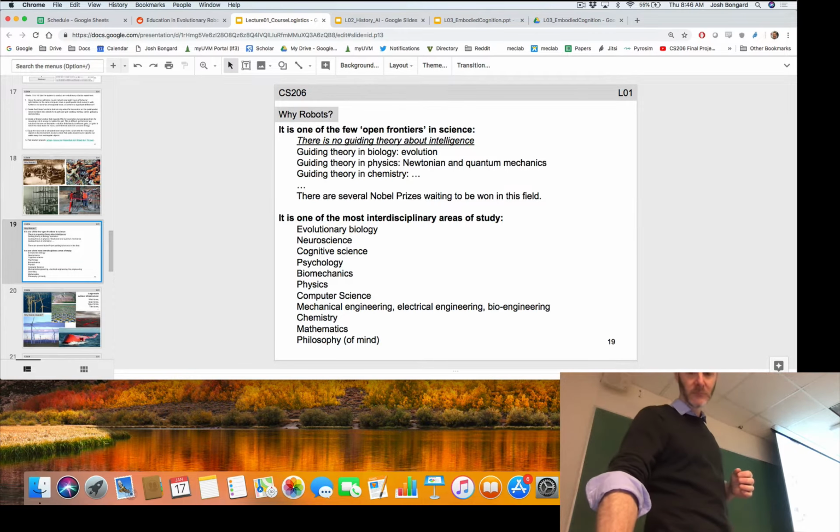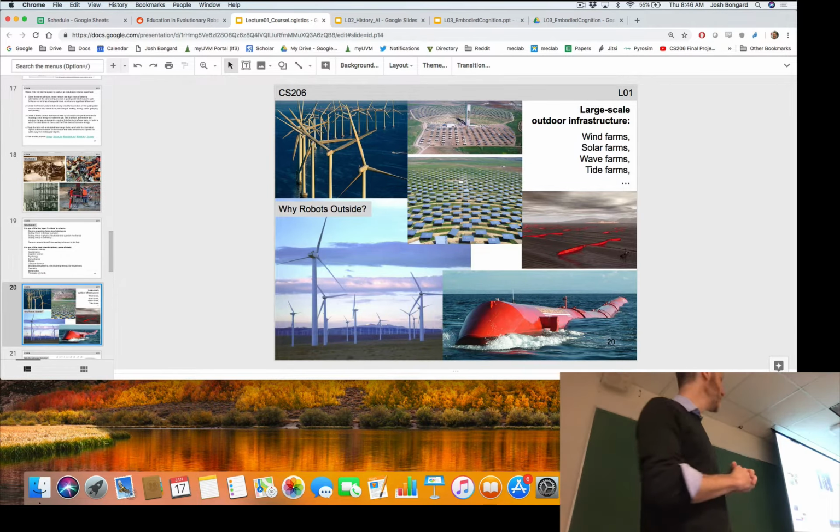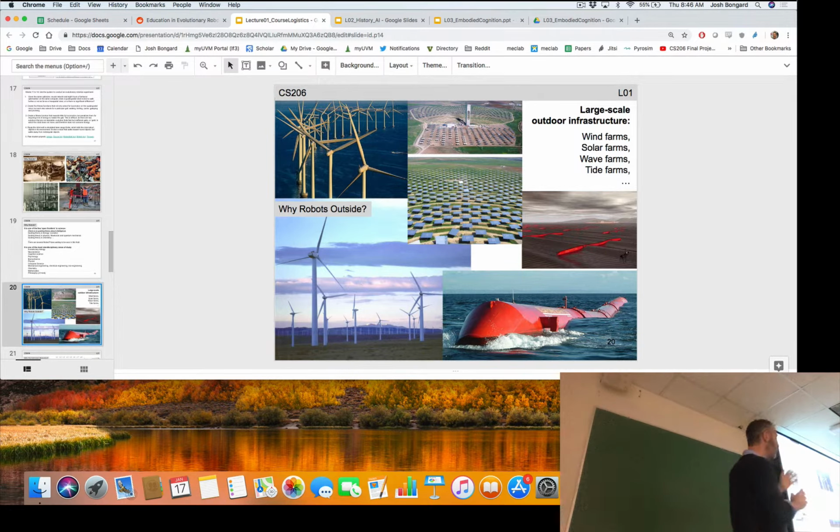Okay. So there's some intellectual reasons why we might want to study and try and create robots. Back to the engineering for a moment. There are some very real practical reasons why we might want to create robots. Obviously, as a global society, we're facing some serious energy challenges. There's lots of new solutions that are out there. A lot of them have been deployed. If you look at a lot of the green energy solutions that are being proposed or implemented, they have one thing in common, which is they are all some kind of a farm.